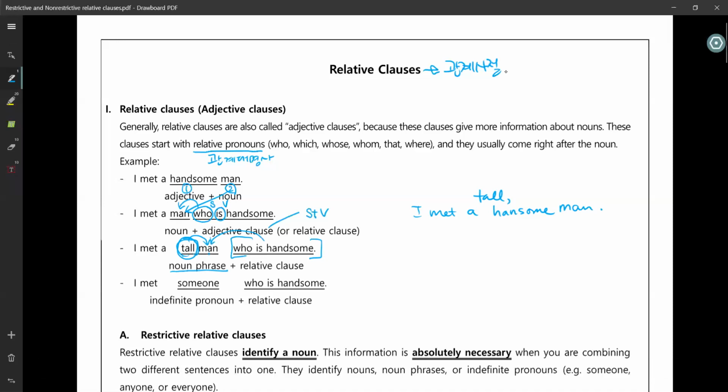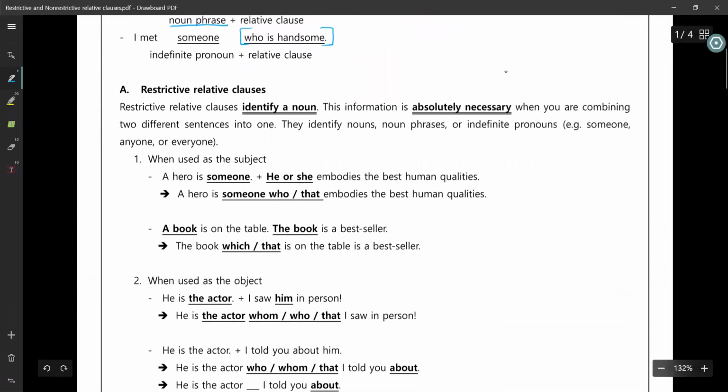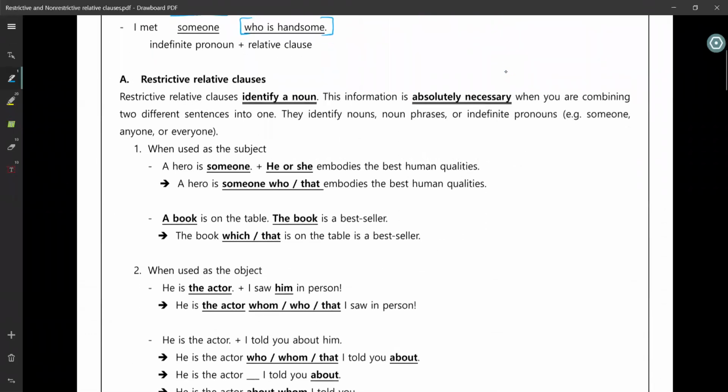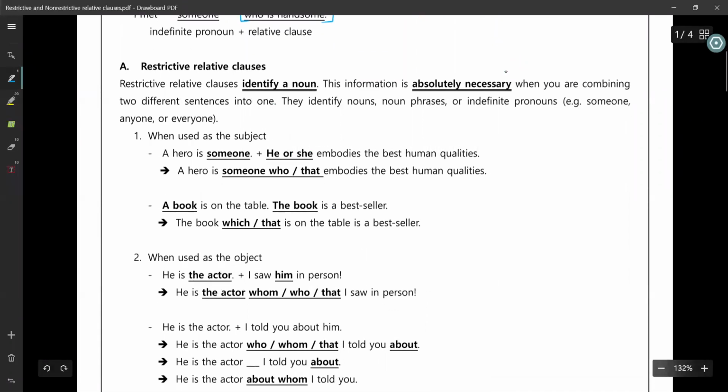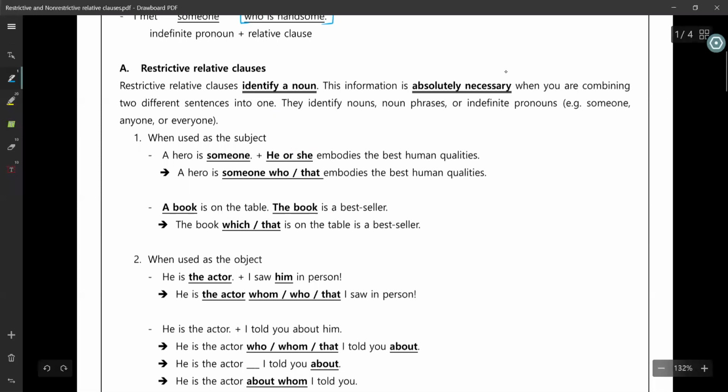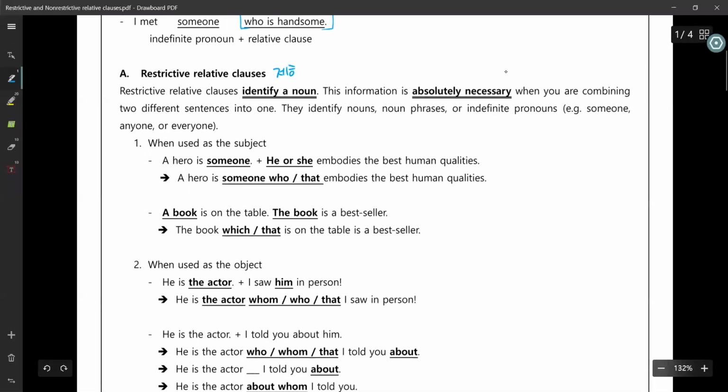You can also use indefinite pronouns, someone, anyone, everyone, things like that, also coming with a relative clause. So these are called relative clauses or adjective clauses, okay? Now, there are two types of relative clauses. One we call restrictive, in Korean 제한적 용법.